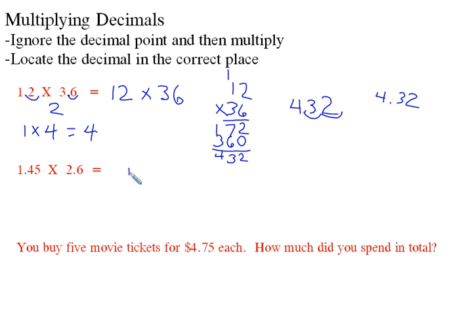So very quickly, this one here, same exact thing. We're going to do 145 times 26. Same exact way here. 6 times 5 is going to be 30.